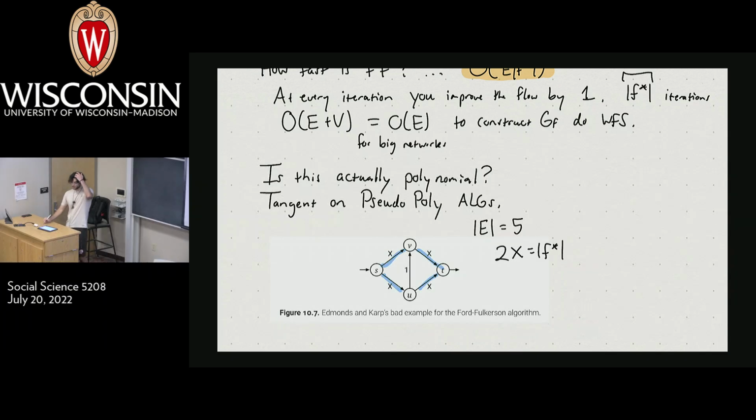Now you can actually prove that what Ford-Fulkerson will actually do is it'll always take this path for some reason. So it always does the dumbest thing possible. You could solve the whole problem in one step just by sending flow down the top and the bottom paths. But what it'll actually do is it keeps sending flow on this path. And so in total, it'll actually take this many iterations.